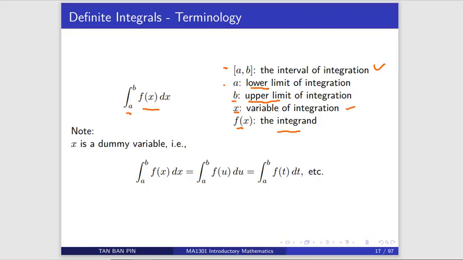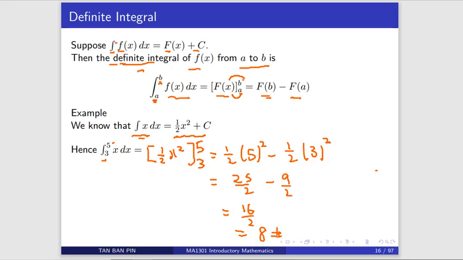And you'll find that x is actually a numeric variable. You can write the integral from a to b of f(x) dx, or the integral from a to b of f(u) du, or the integral from a to b of f(t) dt. They all represent the same thing. The reason is because eventually you get a number as an answer.